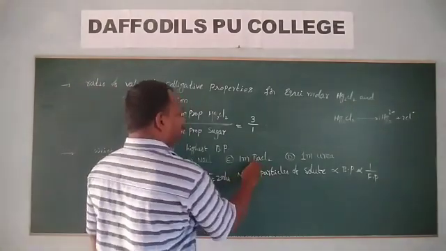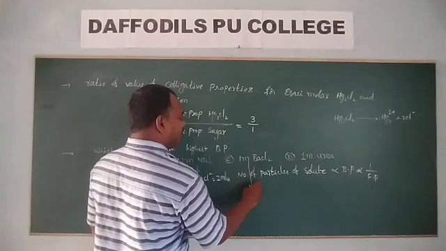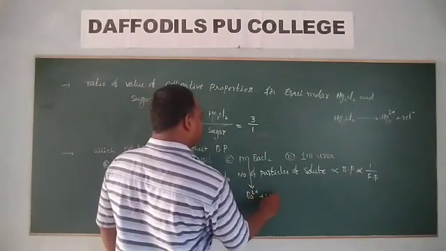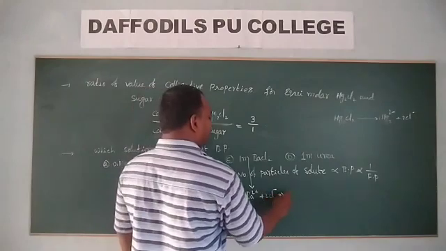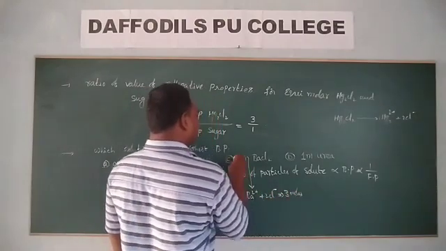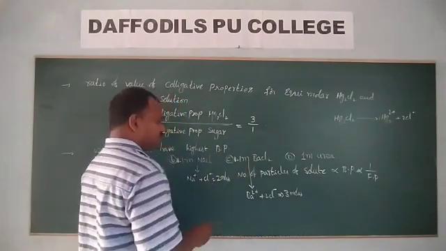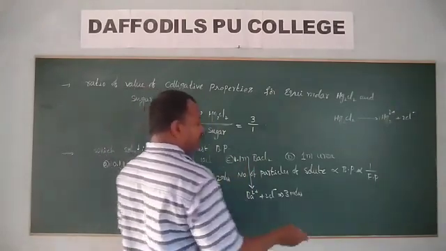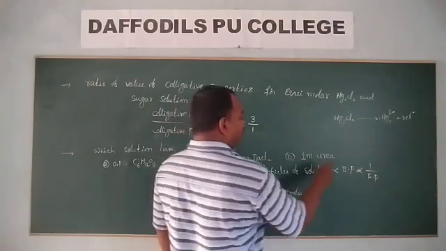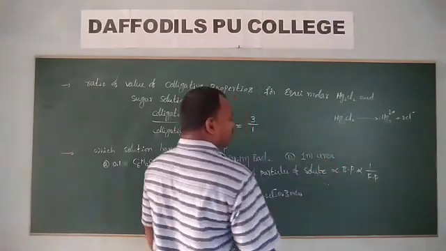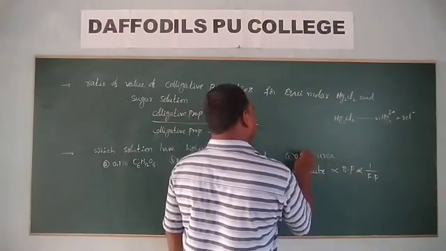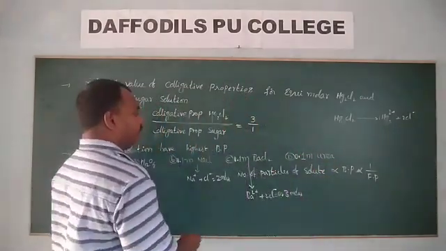Look at barium chloride. Barium chloride will dissociate like this: Ba2 plus and 2Cl minus. From here you are getting 3 particles, so 0.3 moles of particles. Urea does not undergo dissociation, so no dissociation takes place and it remains the same.